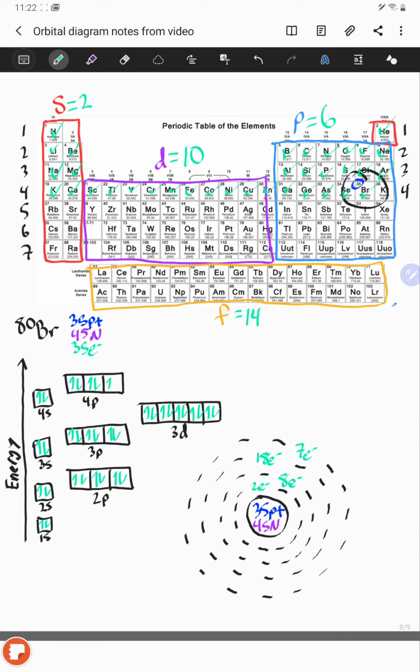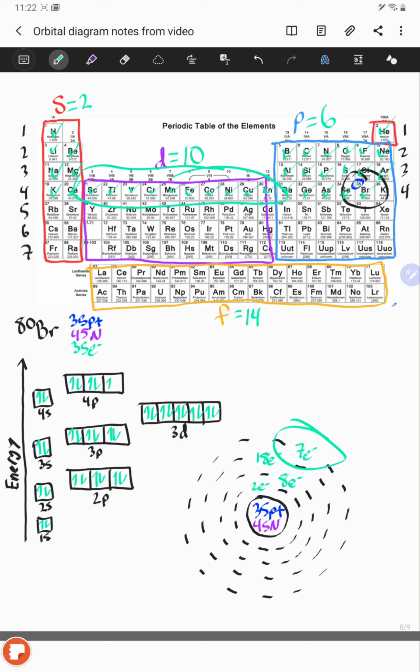Because if all of these electrons from the d orbital ended up going to the outermost shell, the fourth energy level, since the d is located on the fourth row of the periodic table, we're going to have way more than 8 electrons on that outermost shell, and we can't have more than 8.